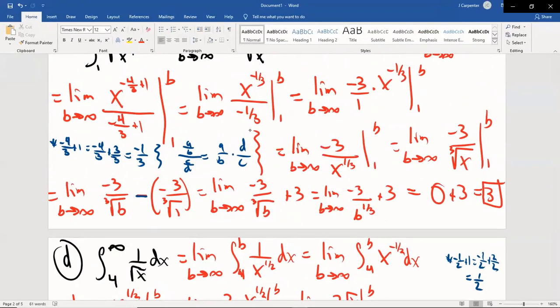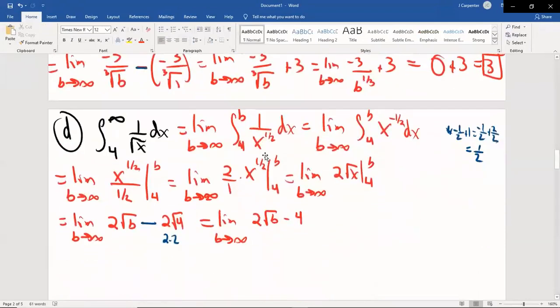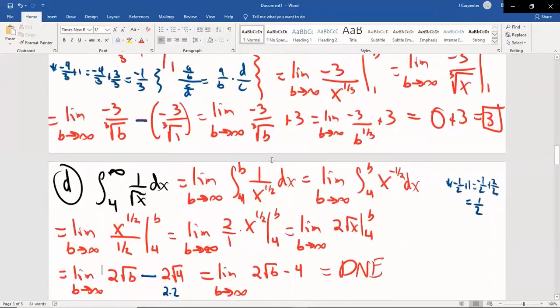Again, when the radical's in the bottom, if that goes to infinity, you're dividing by infinity, so the whole thing goes to 0. This radical is in the top. When your radical's in the top, you're not dividing by infinity. This thing is going to infinity. This does not exist.